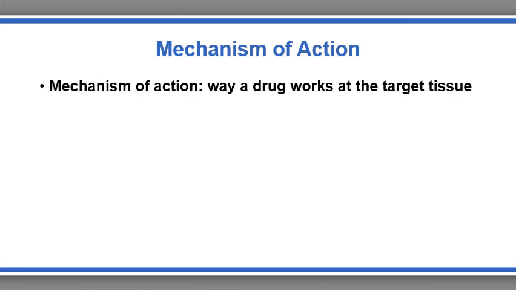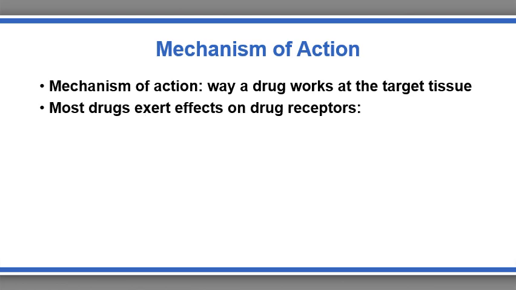The mechanism of action is just the way the drug works at the target tissue. When the drug reaches that receptor site, it's how the drug actually works once it's there. As I said on the previous slide, most drugs exert effects on drug receptors.